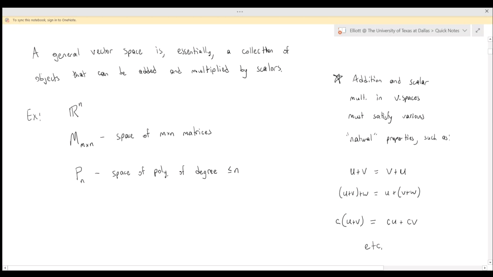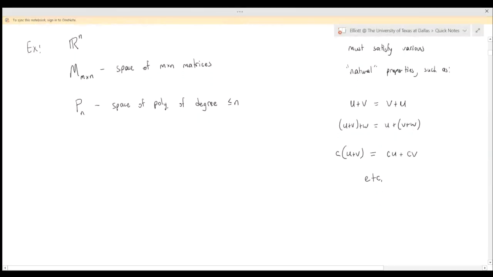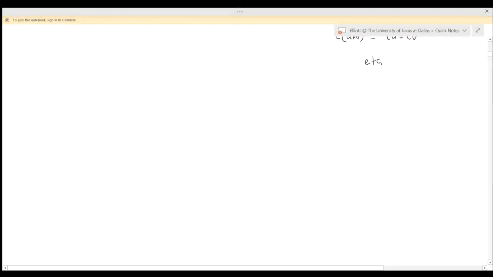And there were other axioms as well. I'm not going to list them all, but they're all pretty natural properties that you come to expect from addition and scalar multiplication, all right? So I don't think I really need to mention them too much. And I'm not sure if you necessarily would even need to memorize all of them, at least not for this class, all right? So I'm not going to worry too much about it. What I do want to focus on, though, is talking about subspaces.